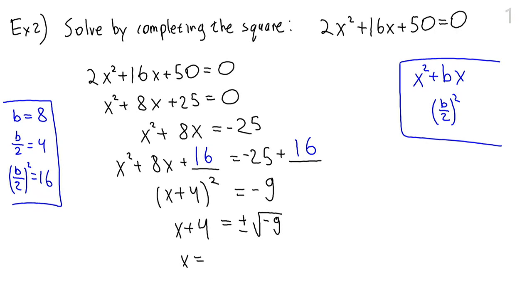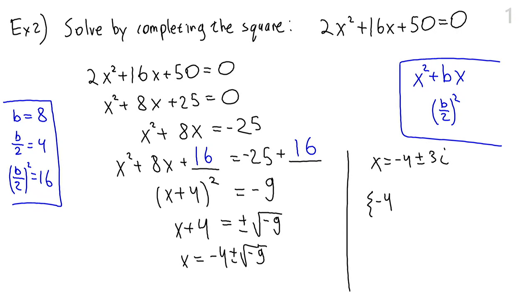So first we subtract 4 from both sides. And now we're going to simplify this complex number. So x equals minus 4 plus or minus 3i.